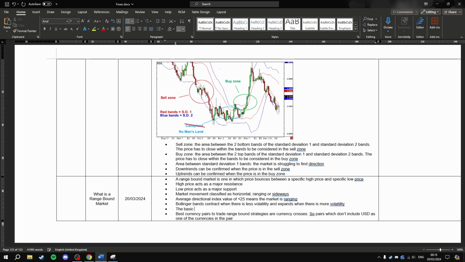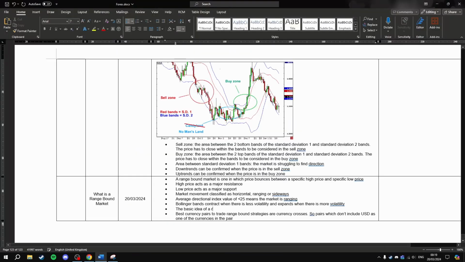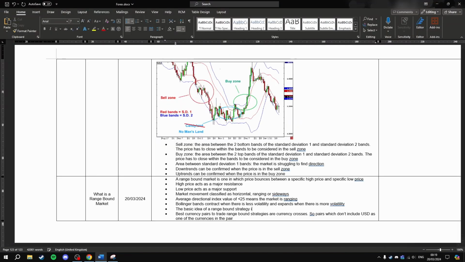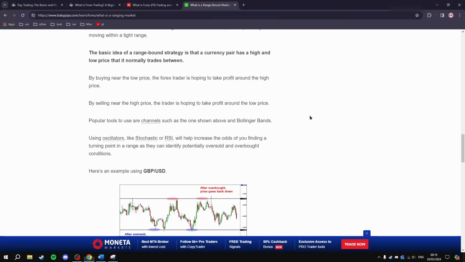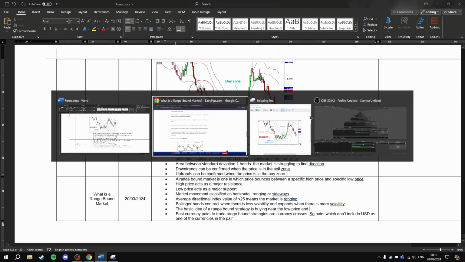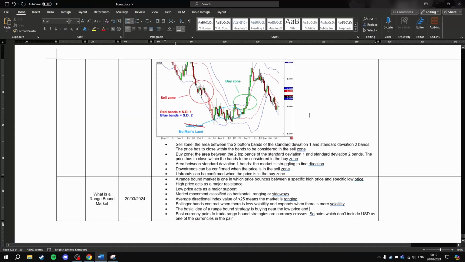The basic idea of a range-bound strategy is buying near the low price and selling near the high price.